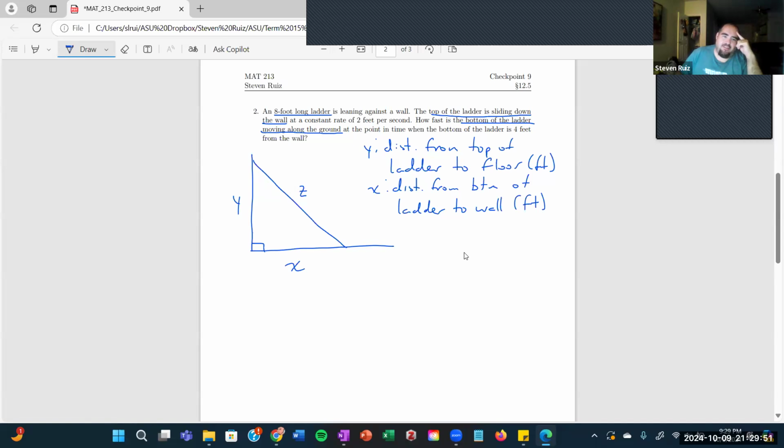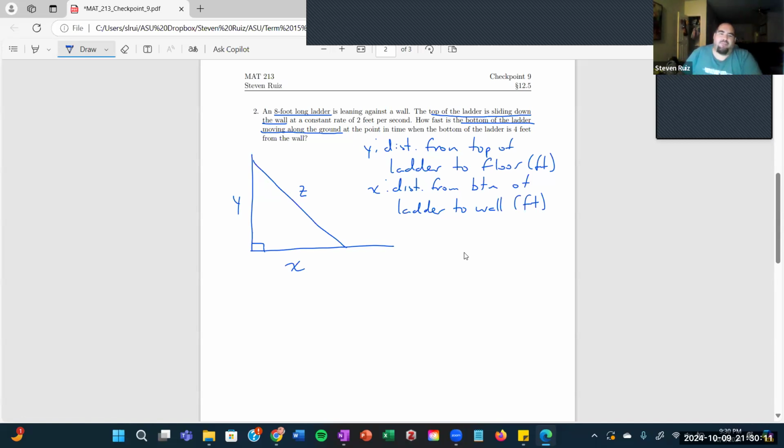So this hypotenuse of the right triangle we just made is always going to be 8. The things that are going to change are Y and X, because as the ladder slides, those distances are going to change somehow.